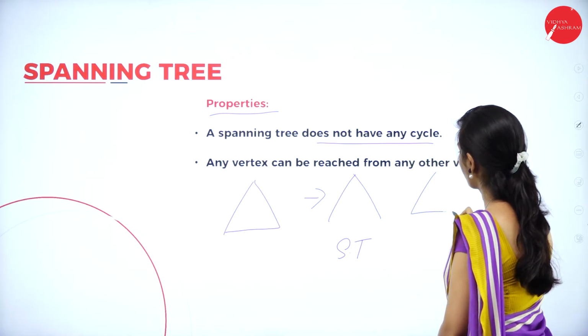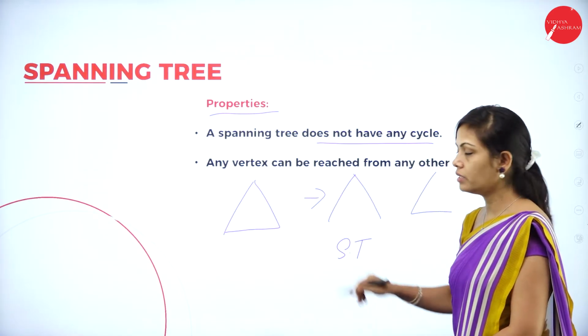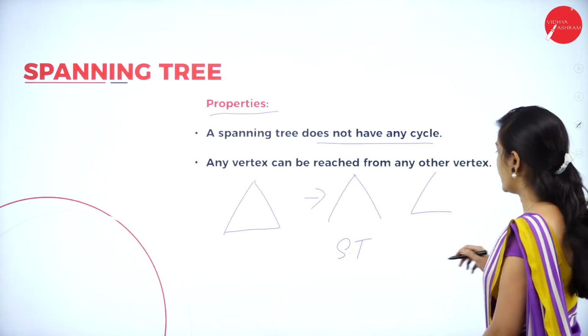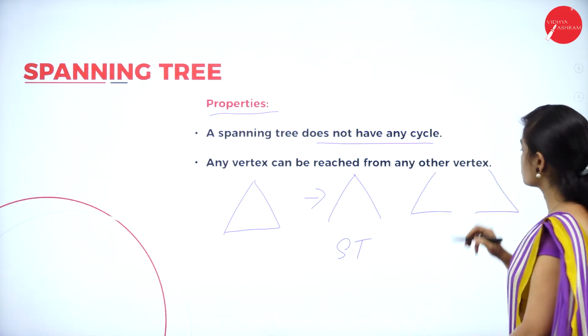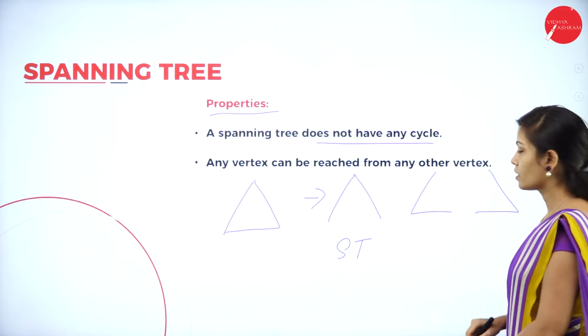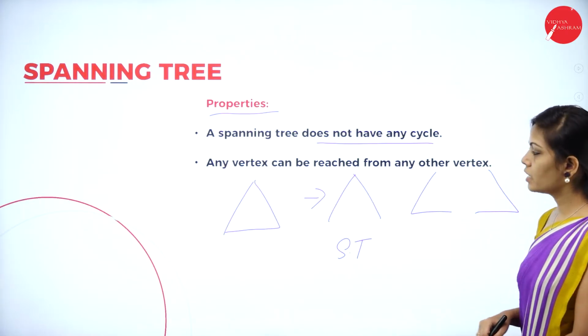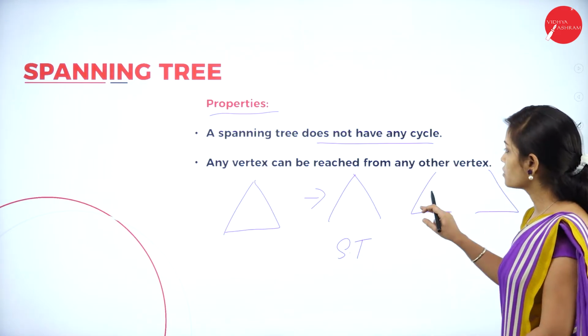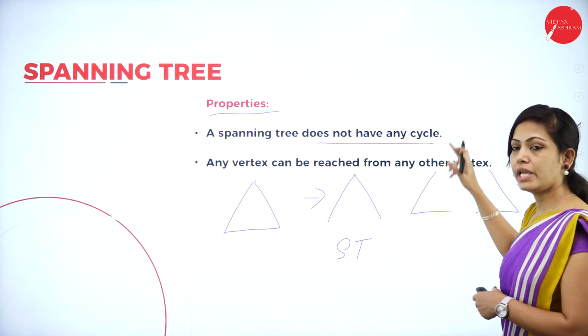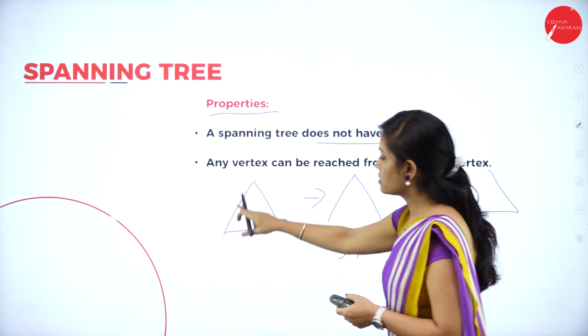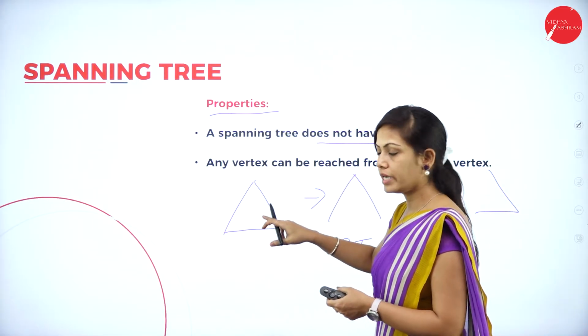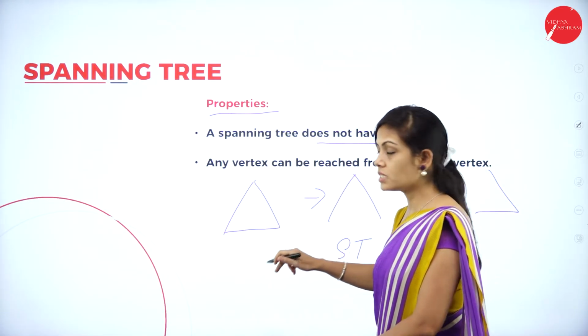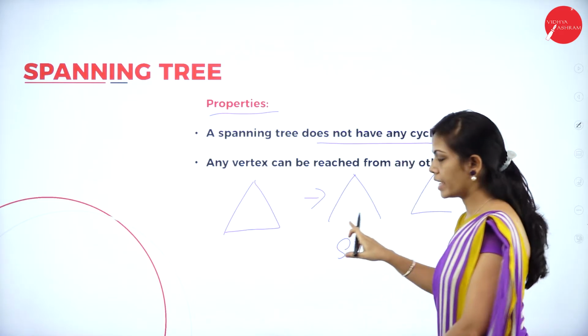Now, this is an example of a spanning tree for the given graph, and this is one spanning tree, and we got 3 spanning trees from this graph. Is it clear? So now it does not have any cycle. So here this is an example for a cycle. It consists of all the edges and vertices. So here I missed this edge.